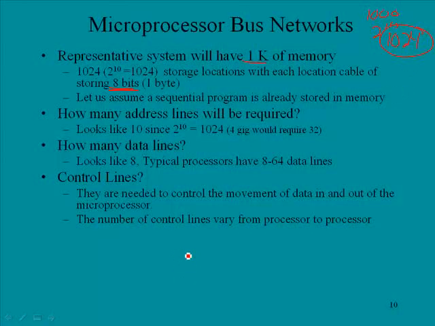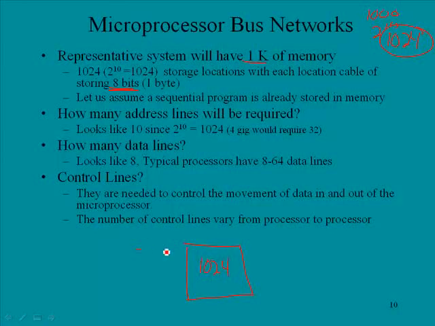Okay, so here we've got this memory, and we have 1024 bytes of information in it. Well, how many address lines will be required? We've got 1024 bytes of information there, and so what we'll need is a binary method to be able to access them.